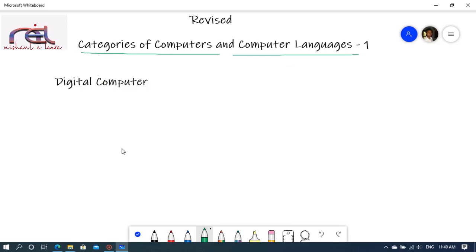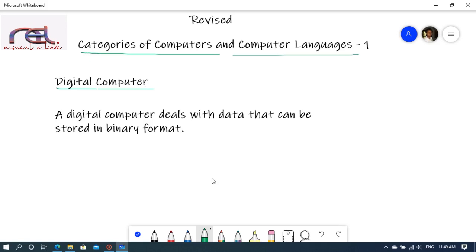Let's understand about digital computers. What are digital computers? A digital computer deals with data that can be stored in binary format. You have learned in the previous class, right? Binary zeros and ones.